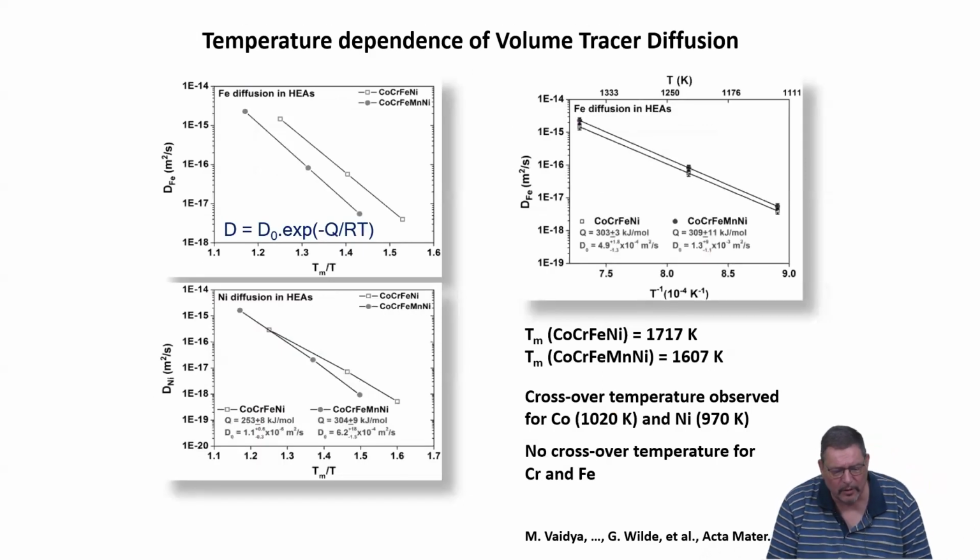When we now look again at the individual tracer diffusion coefficients as a function of homologous temperature, or 1 over temperature, in an Arrhenius representation, then the system shows no crossover for chromium and iron, but for cobalt and nickel it does.